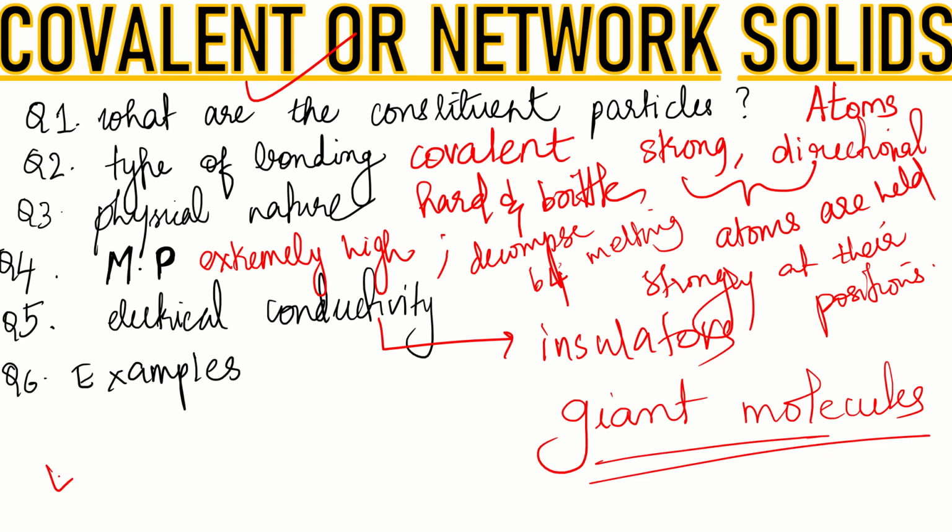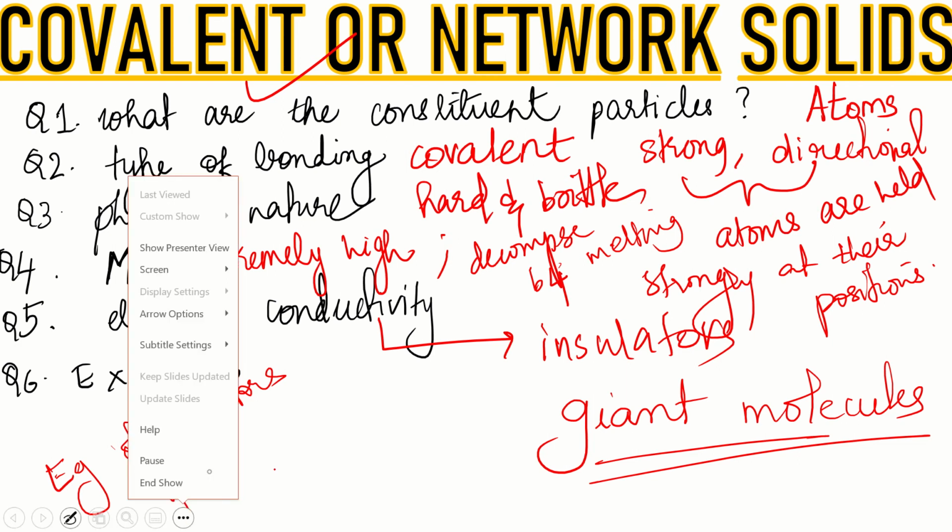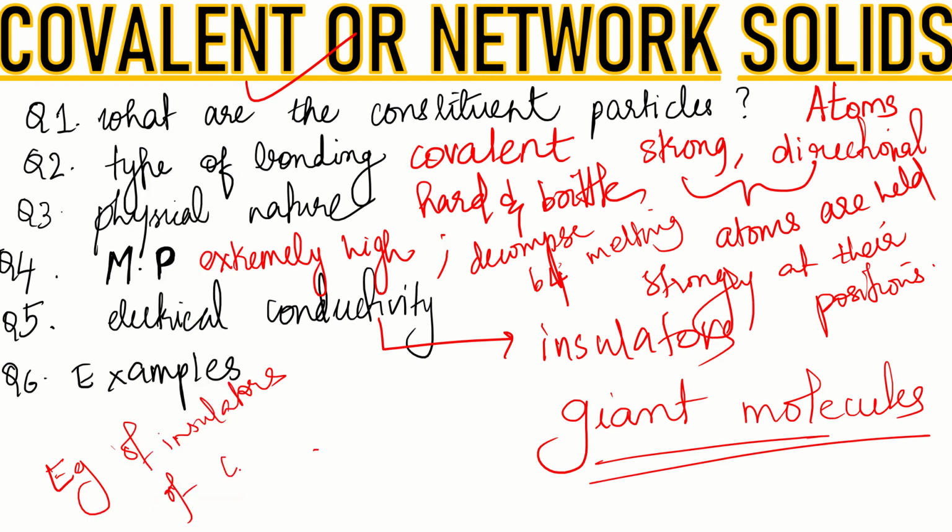Now examples. Here I am dividing the examples into two: examples of insulators and examples of conductors. Now you might be wondering, I said before that they are insulators, so why am I giving examples of conductors?